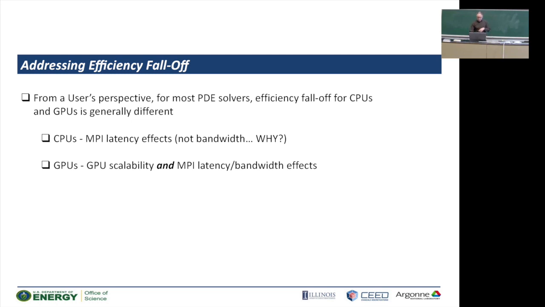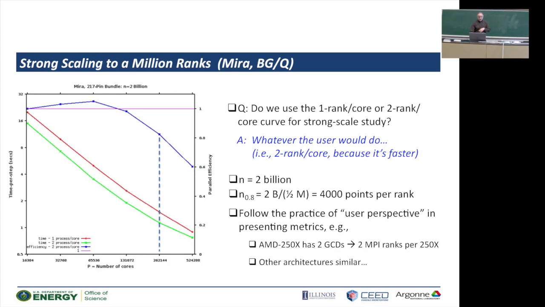It's because out here, I have 4,000 points per rank. So I have this little cube that's 20 by 20 by 20. My message size is 400 words. That's a latency dominated message. It's not a bandwidth constrained message. That's what's killing you. By the time you get to the point where bandwidth matters, it doesn't matter because you have so much work. It dominates all the communication.